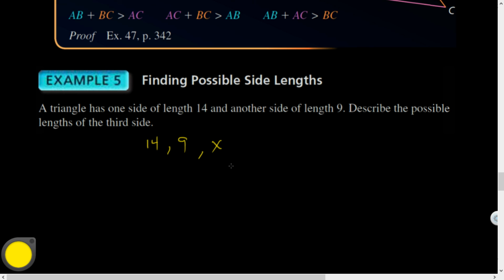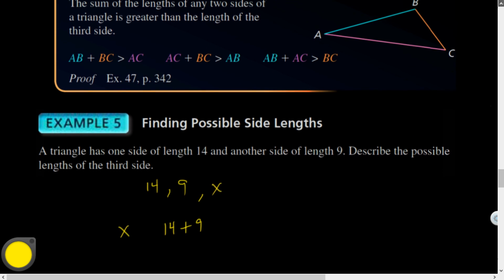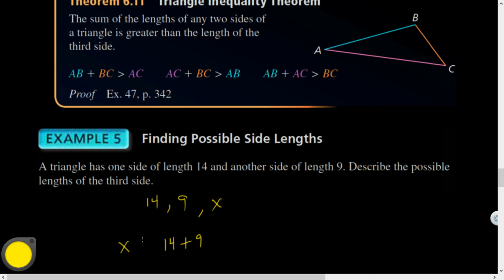All right, what are your thoughts? Sorry, I couldn't hear you. I was signing a bathroom pass. So you add. Well, is it less than or greater than the other two sides?